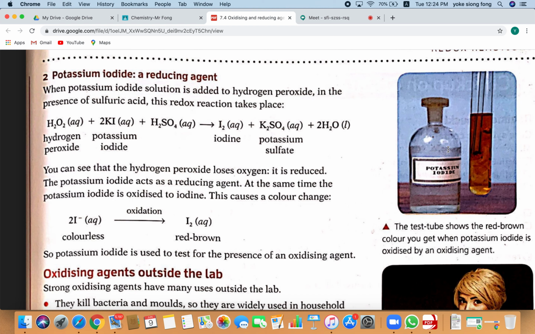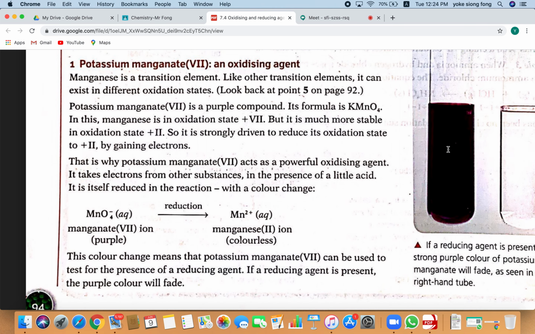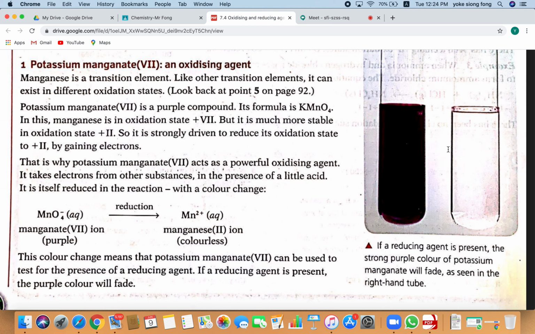No color. When we come to the lab, why do we like to use potassium manganate(VII) as an oxidizing agent? Because the original color is purple, and once it is reduced to manganese(II), it turns colorless. Once there is a color change, only then can we observe the result.